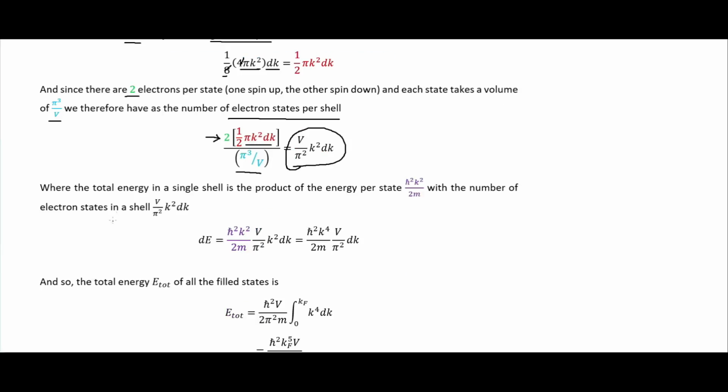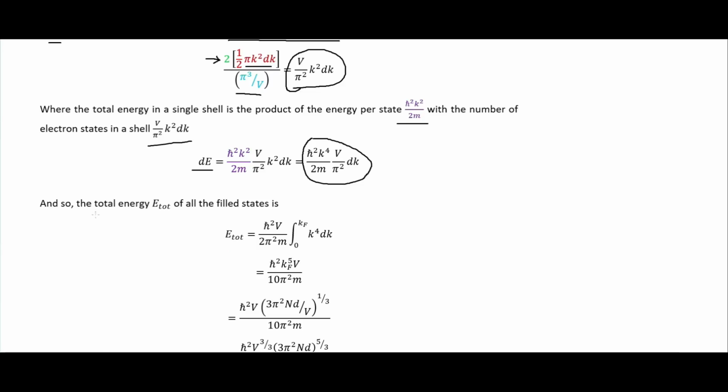And so the total energy in a single shell is the product of the energy per state, which is this, with the number of energy states in a shell, which is the thing that we just got. So we just multiply those two things and we get this as the energy. So the dE, it's the differential energy. So the energy in just a single shell on our sphere, or an octant of the sphere.